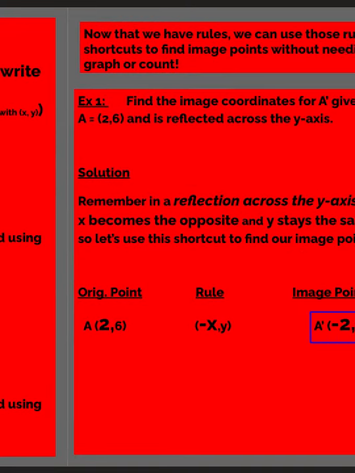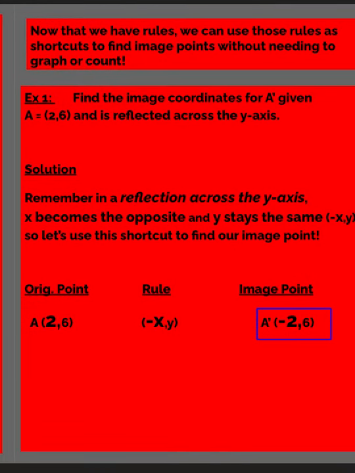All right, so let's take a look at how we can use our rules. We want to find the image coordinates for A prime given A, which is at 2, 6, and it is going to get reflected across the y-axis. So remember, here's my original point. The y will stay the same.